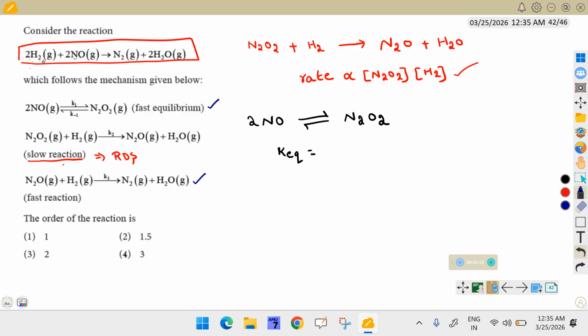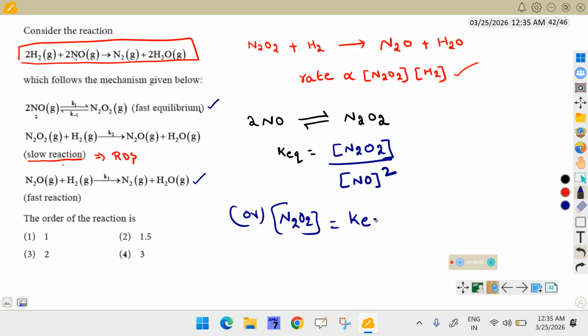Now take the first fast step. By using the first fast step, calculate the equilibrium constant: K equilibrium is the concentration of N2O2 by NO whole square. Or it can be written as concentration of N2O2 is equal to K equilibrium into NO whole square. According to the slow step, rate is directly proportional to the concentration of N2O2 and H2.